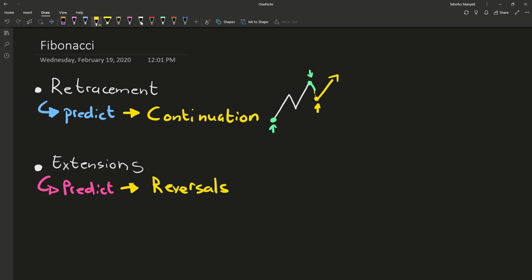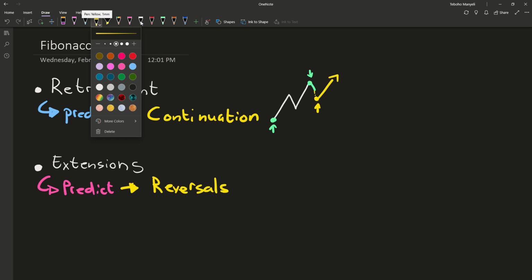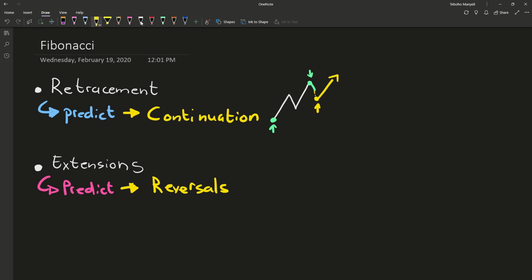The extensions or the expansion side of it helps you predict when the market is about to change in direction. So let's say the market here has been going up. So it's clearly showed us that it wants to keep going up. By applying the Fibonacci tool also to the point where the market started, to the point where the market started reversing from, and also a third point, which means your second buyer.